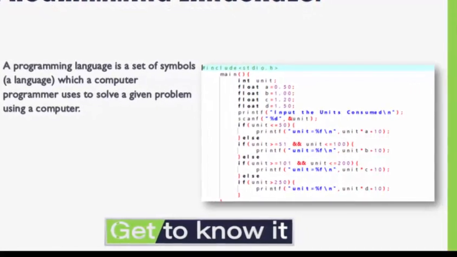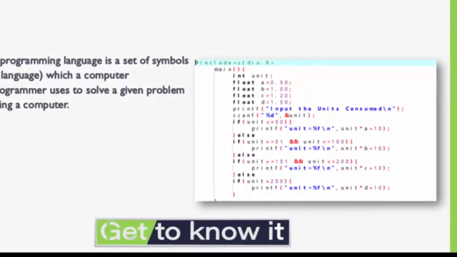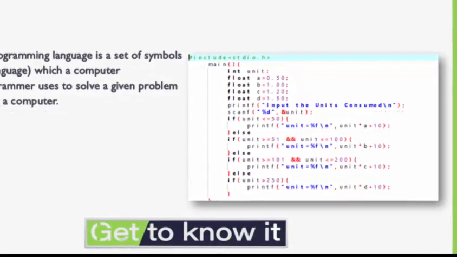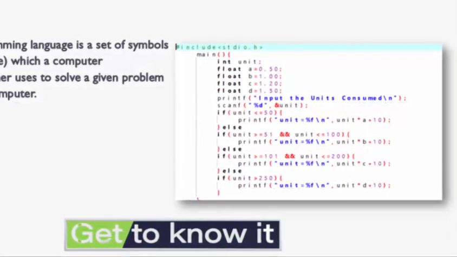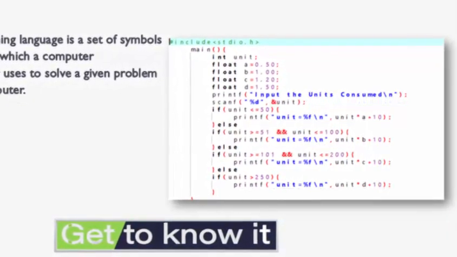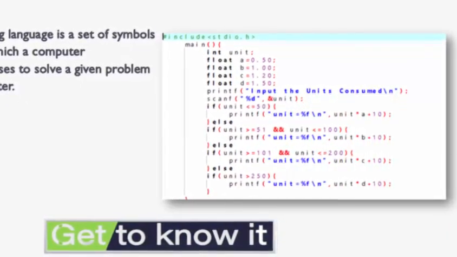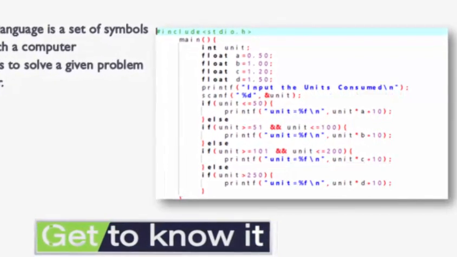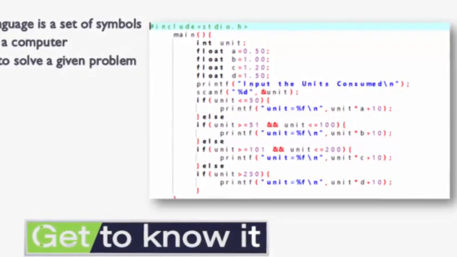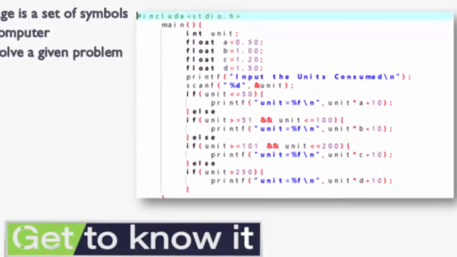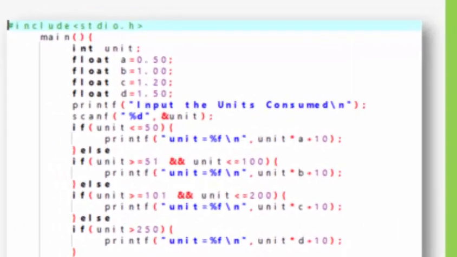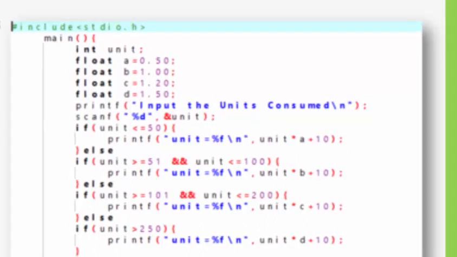Again, I have a screenshot of the same program that I had shown you previously. And as you can see clearly from the program, they're just a set of instructions that will be followed by the computer. As you can see, the program is not written in the normal language, that is English. It's like broken English. So these are instructions that will only be understood by the computer.